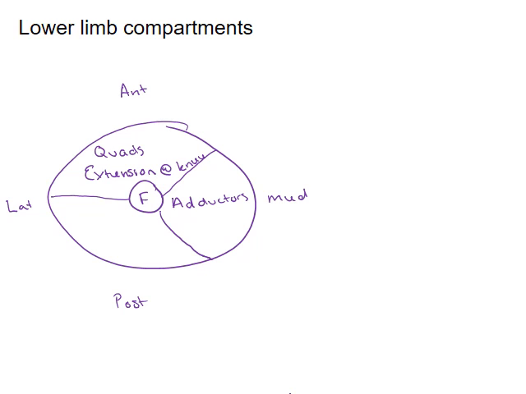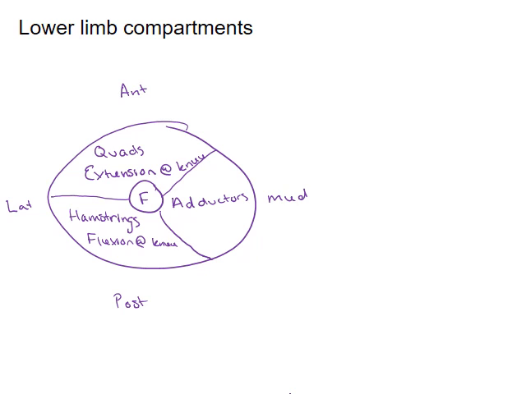And then finally, posteriorly, we have got the hamstrings, which by process of elimination must provide us flexion at the knee, as well as some extension at the hip. So that is our thigh schematic.